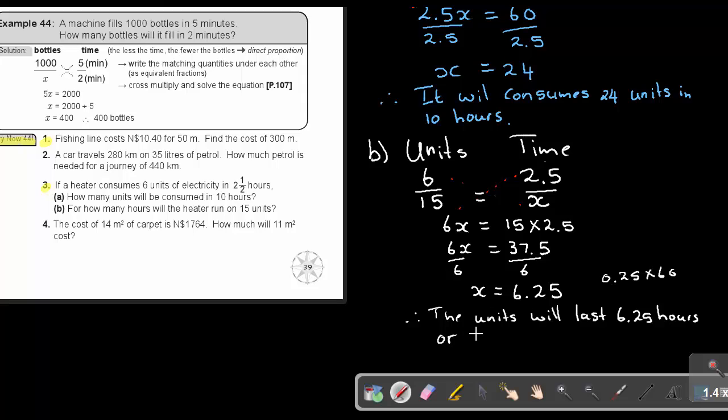So then it will be 6 hours and 15 minutes. You can, if they don't ask you, then this one will be correct as well as this one, because they don't specify that you must write it in hours only or in hours and minutes.